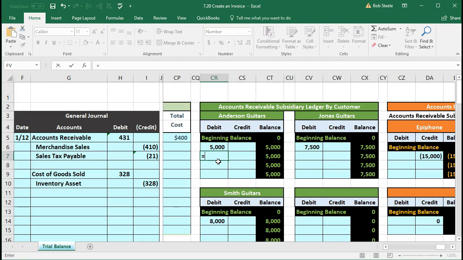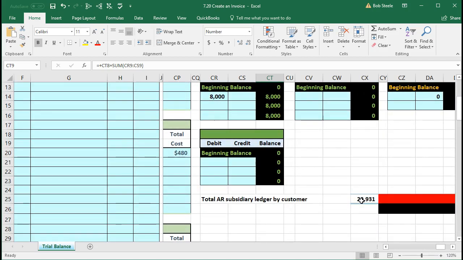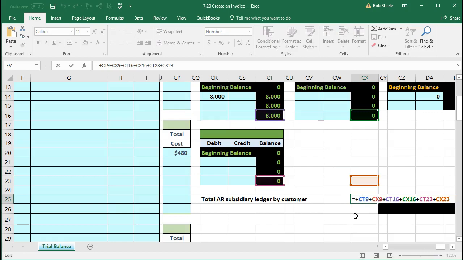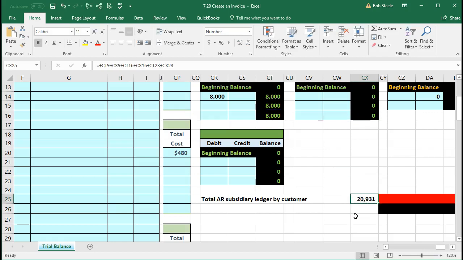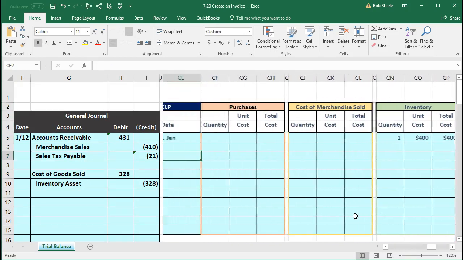So I'm going to say equals and just post the same amount as we did to the general ledger here to the subsidiary ledger. And then it shows that Anderson now owes us $5,431. The total of all the receivables from all the customers is this, $20,931. And if we scroll back over then to the general ledger, we should see that same amount.